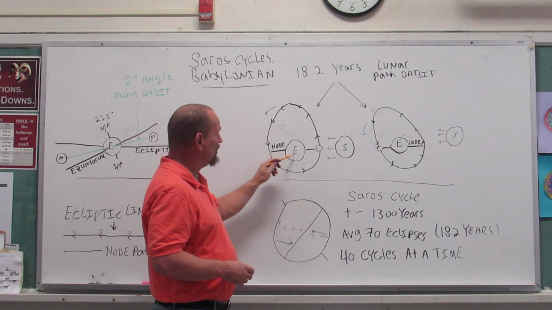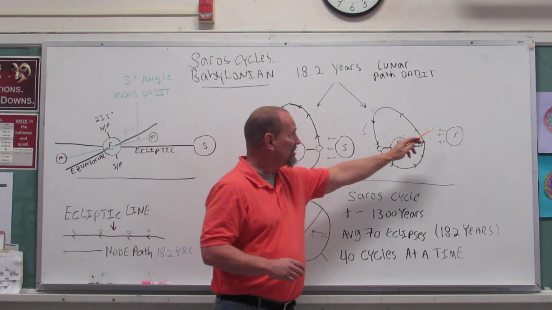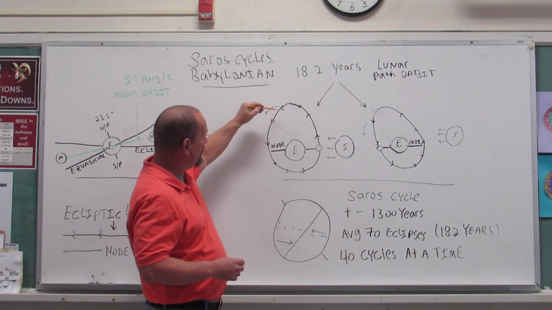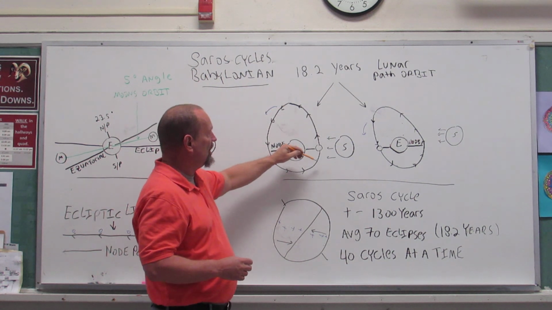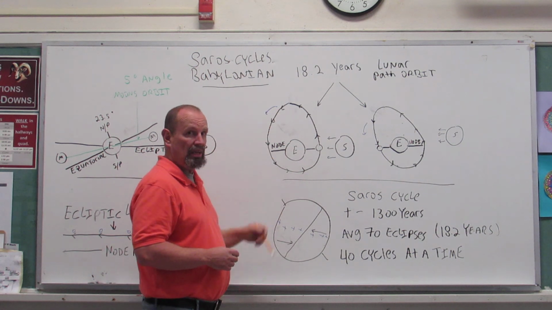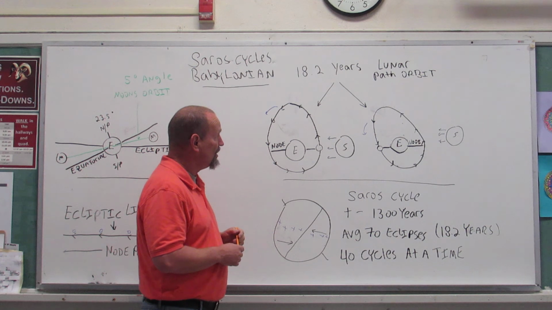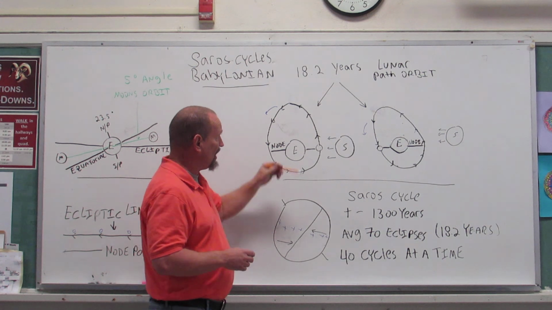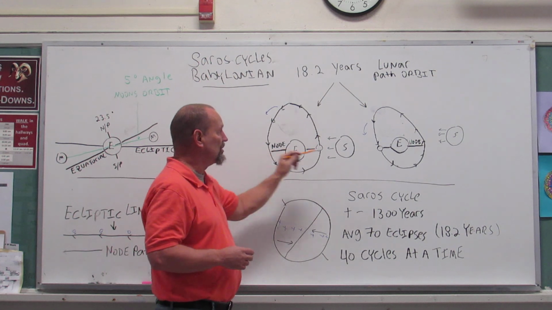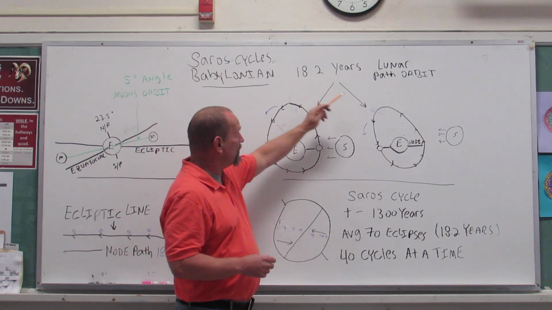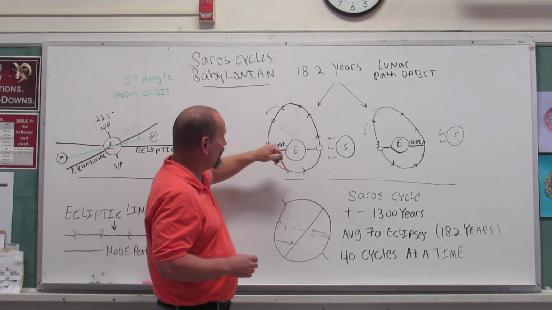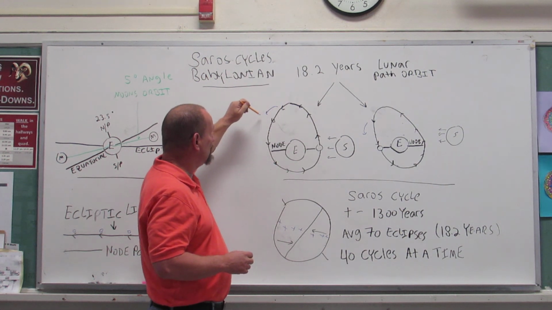Let's move to this over here. Again, here we have the Earth and the Sun. This circle right here represents the orbit of the Moon as it goes around the Earth. It's an elliptical orbit, meaning that it's not a perfect circle. What is interesting about this orbit is that as the Moon goes around the Earth and crosses over the nodal points, the orbit itself, in other words, the path that the Moon takes around the Earth, also moves as well.